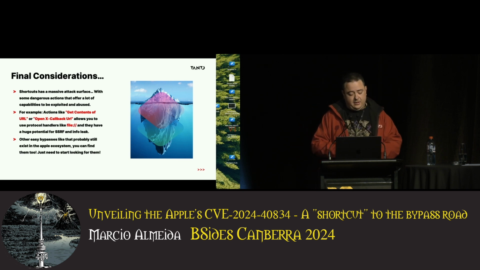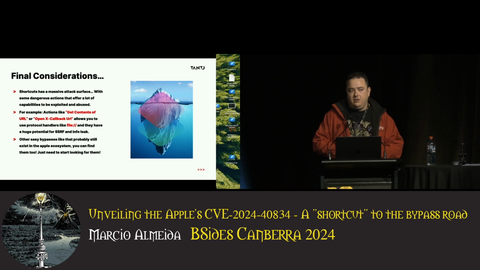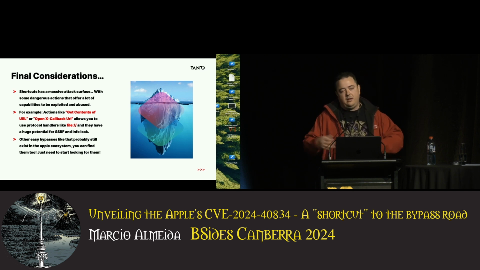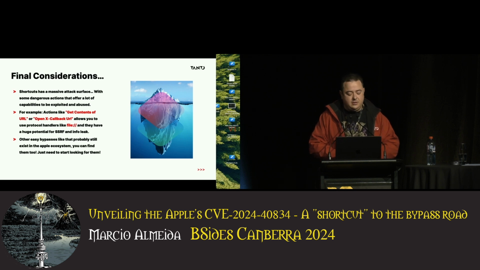As an example, there are actions like get contents of URL or open X-callback-URL that allow you to use the file handle, right? So one of the things you can do, for instance, is read files inside the system and leak them through SSRF.